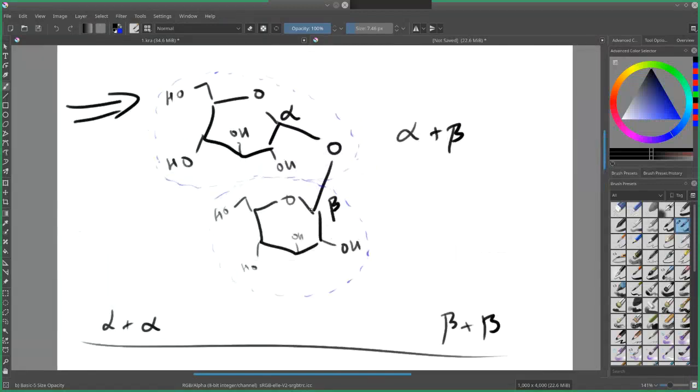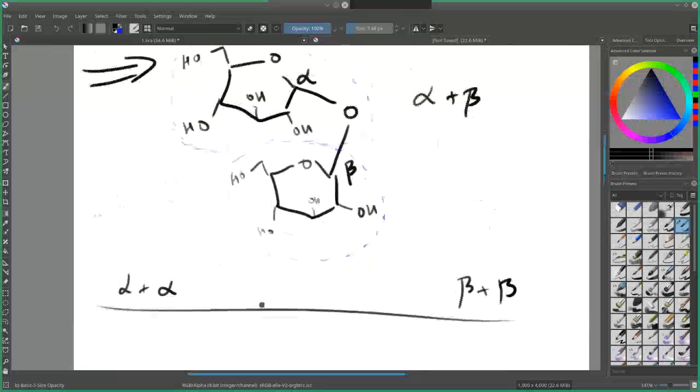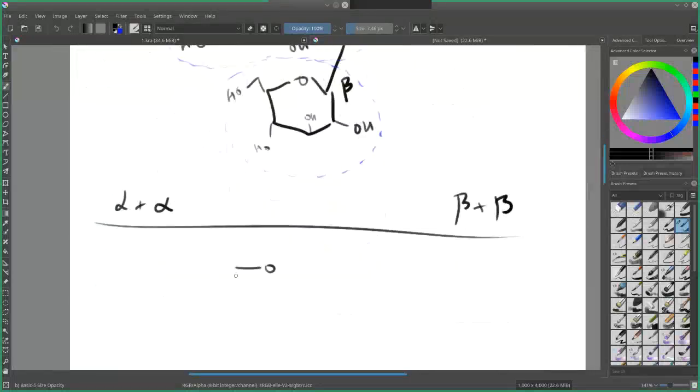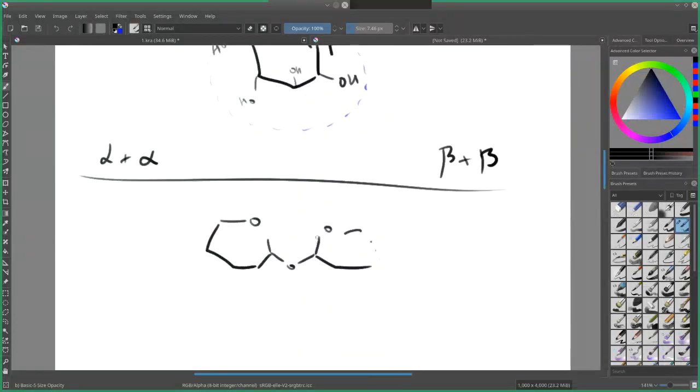So I also drew this in a kind of weird way, right? I drew it stacked on top of one another. The reason I drew it like that and not like, let's say this, was because once we've done that, then we've had to flip this other one.